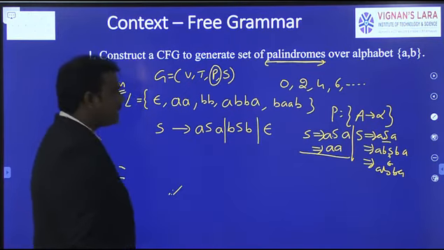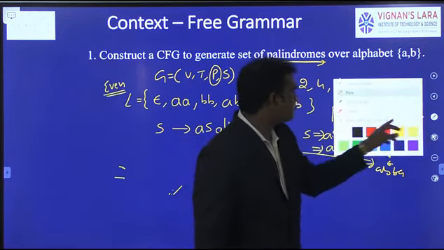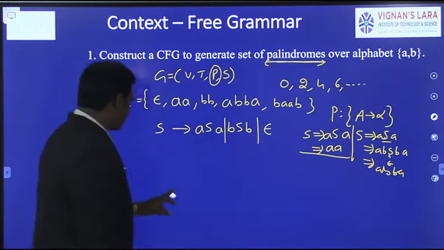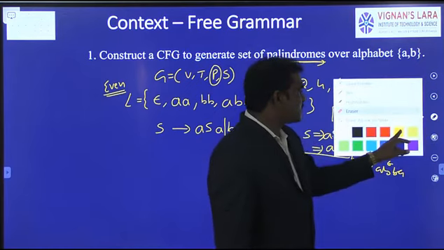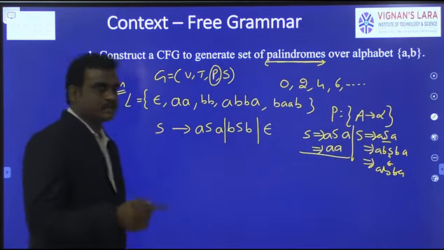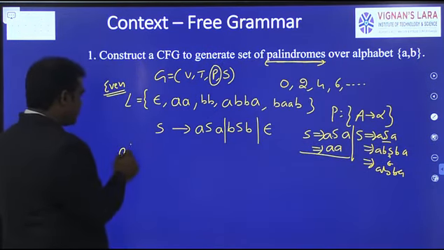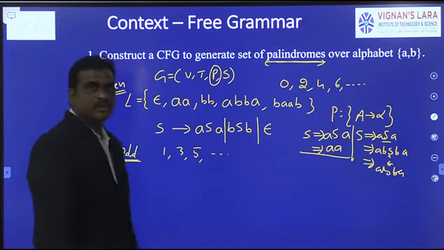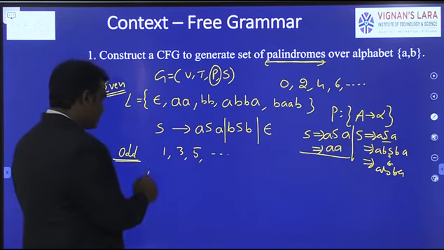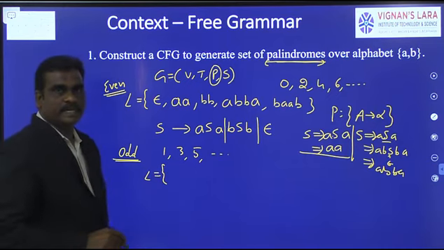Same way, write the odd length palindrome. Odd length means the string length starts with 1, then 3, 5, like that. So first write the language. L equals, so 1 means the string length is 1.